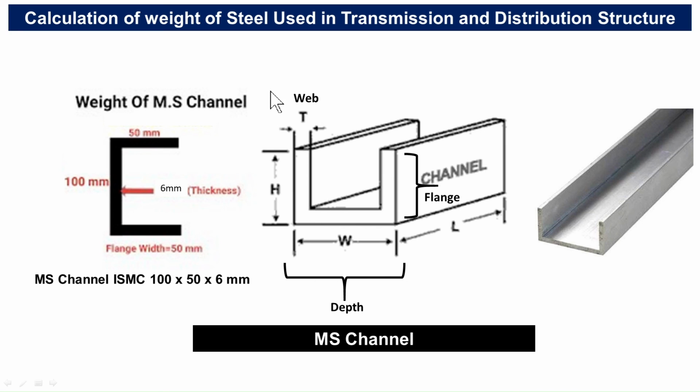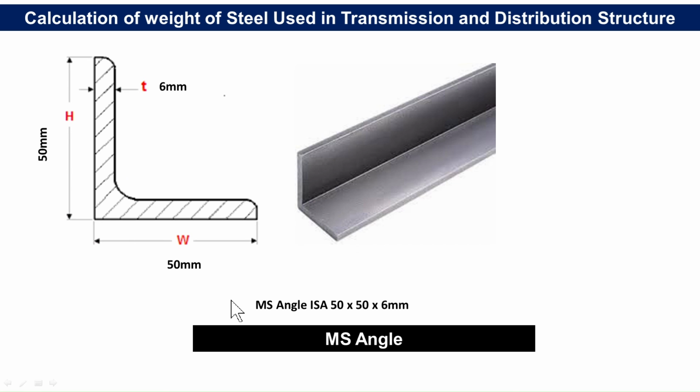You have seen the channel picture on this side. This is the angle ISA 50 into 6. 50 means the height is 50, or width is 50, and the thickness is 6 mm. The angle looks like this.